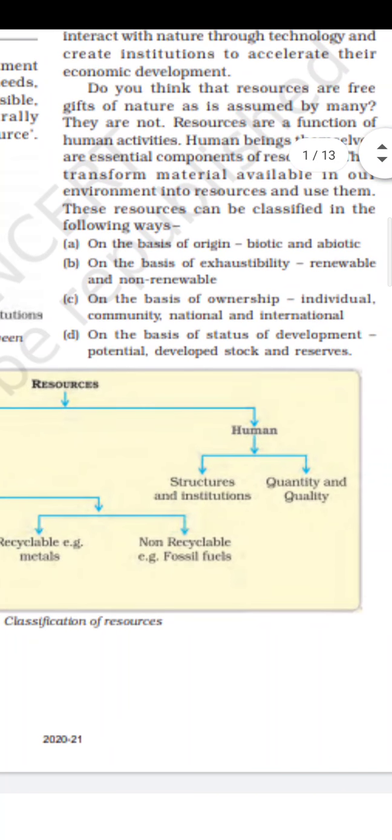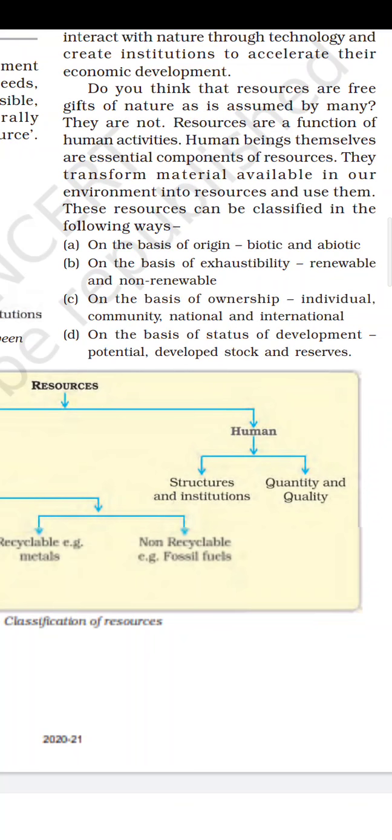See here, classification can be done on the basis of origin, on the basis of exhaustibility, on the basis of ownership, and on the basis of stages of development. So first we take on the basis of origin. On the basis of origin, resources can be further subclassified as biotic and abiotic.